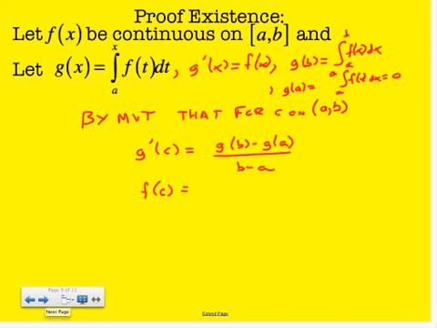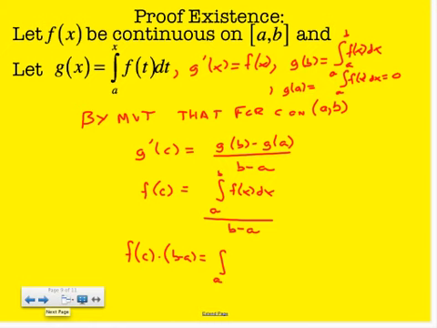So this expression on the right side becomes the integral from a to b of f of x dx divided by b minus a. And if I multiply both sides by b minus a, I'm going to get f of c times b minus a is equal to the integral from a to b of f of x dx.